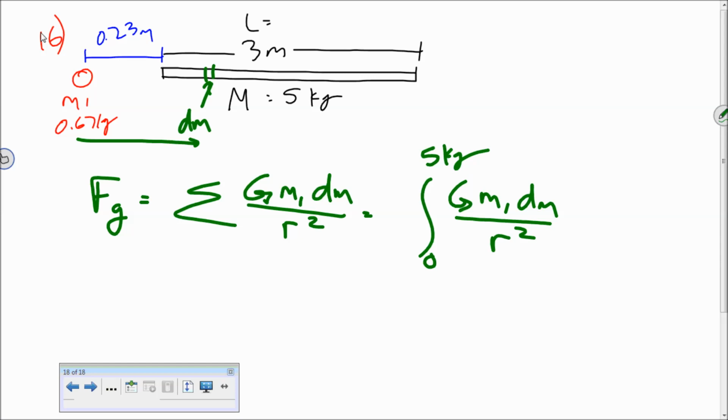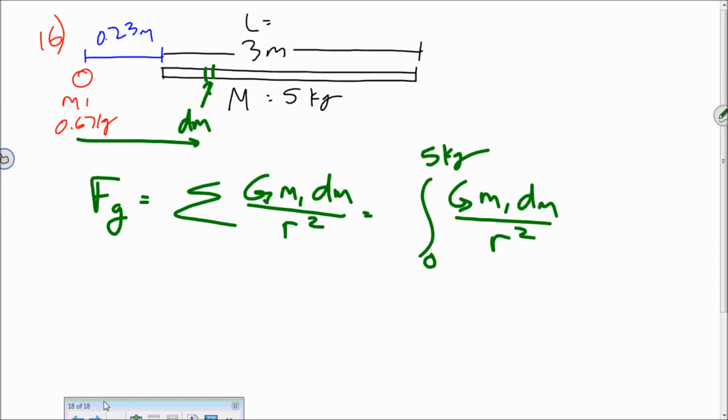All right, so I need to come up with another relationship. Now the bar is uniform. Why is the fact that the bar is uniform important, guys? Equivalent, like in each spot. Good. Each little chunk has the same density, right? Each little chunk of the same size is going to have the same mass.